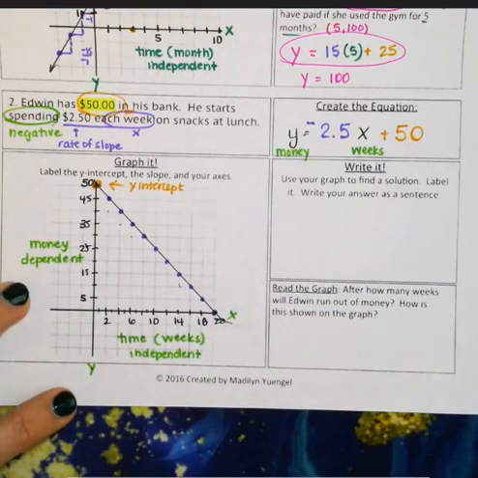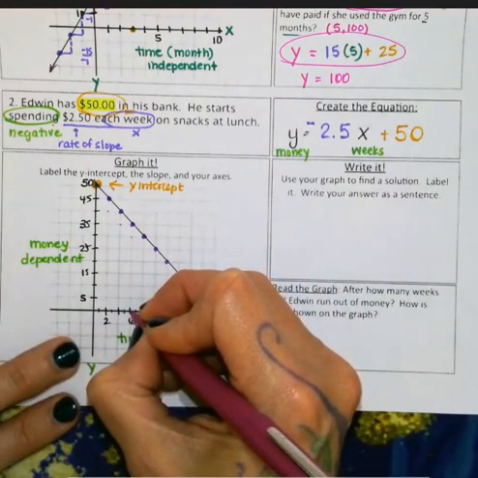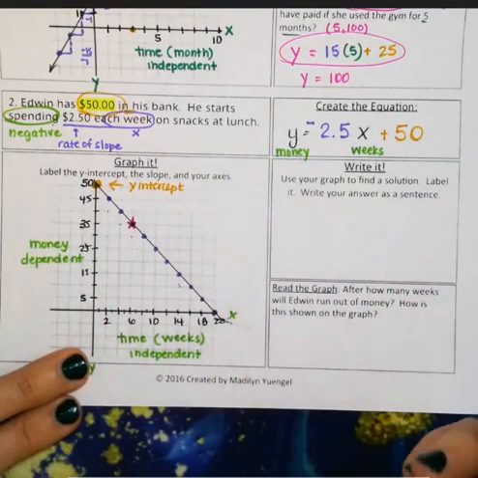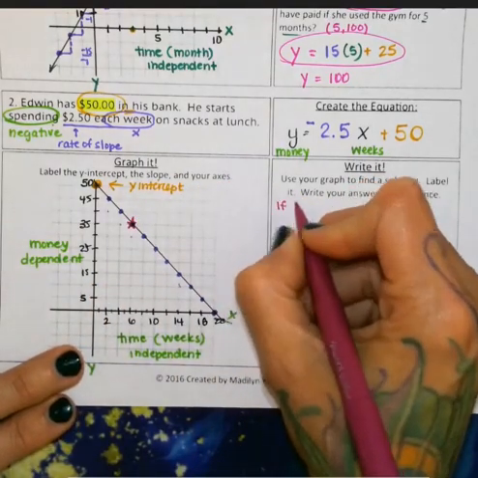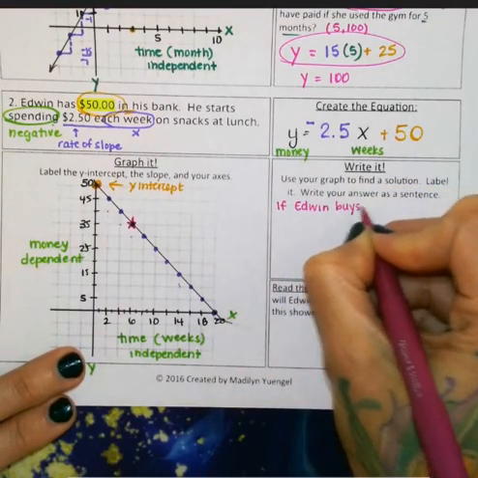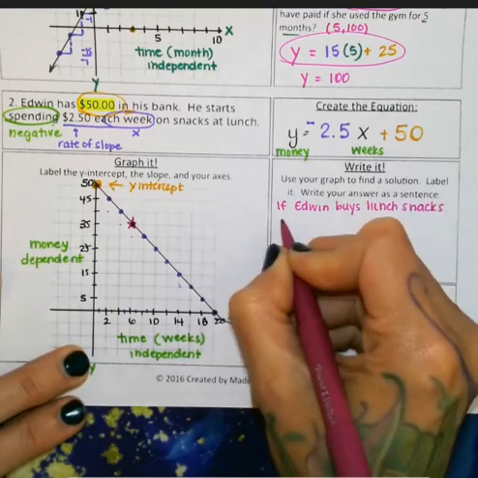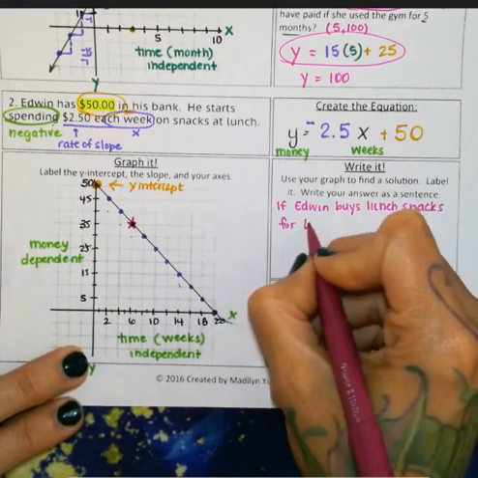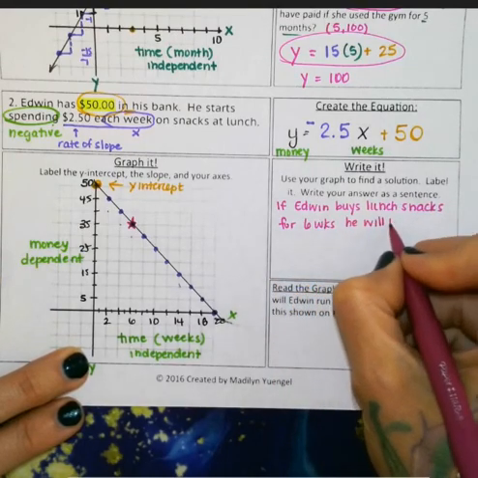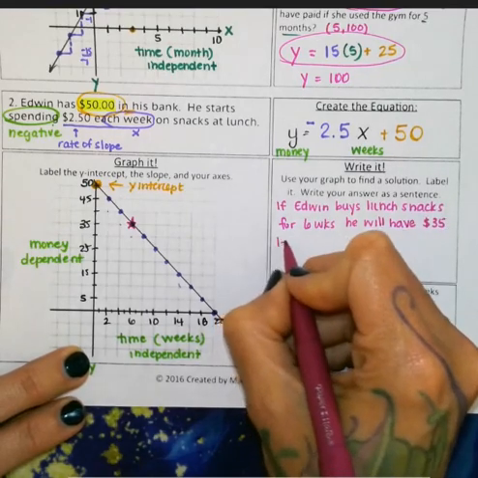Beautiful. So we're going to pick one. So let's just pick. I like 6. So as I go from 6, I'm going to have $35 in our account. So if Edwin buys lunch snacks for 6 weeks, he will have $35 left in his bank account.